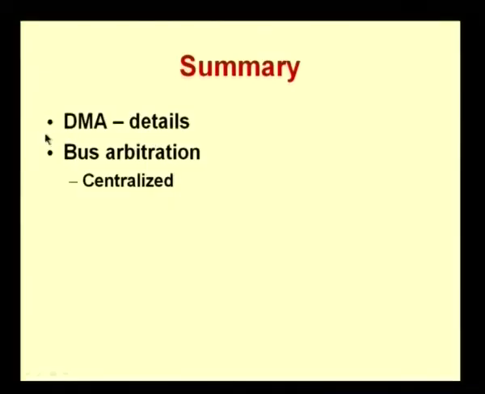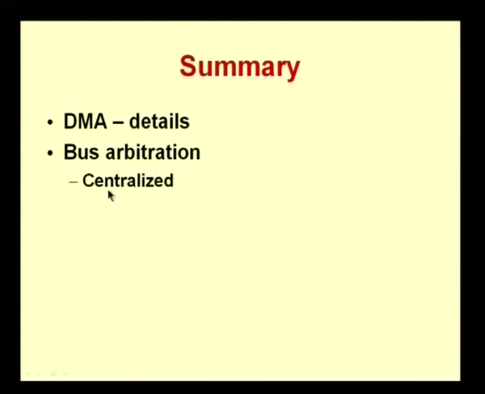To summarize, what we have looked at in today's lecture is DMA, the direct memory access mechanism, and we looked at the details of how it works. That is, how the different parameters have to be specified into the DMA controller and how the DMA controller does the data transfer. With respect to the data transfer, we said there are 2 mechanisms: one is the cycle stealing mechanism, and the other is a burst mode of data transfer, which requires control of the bus.